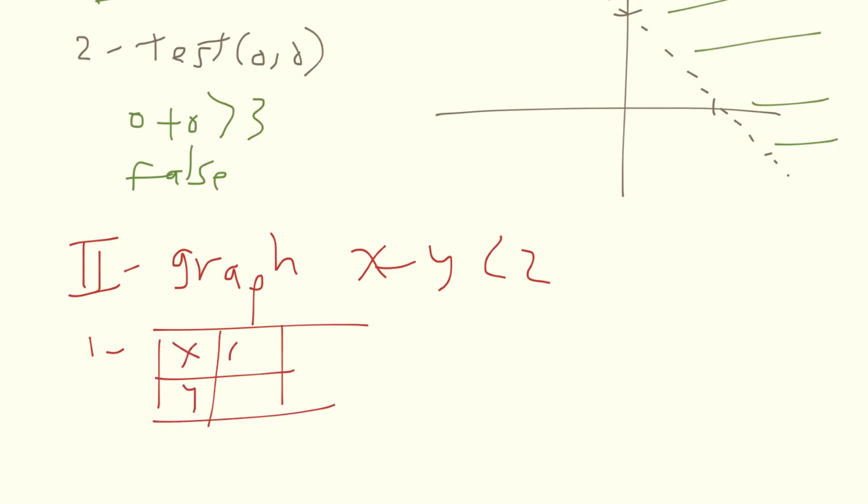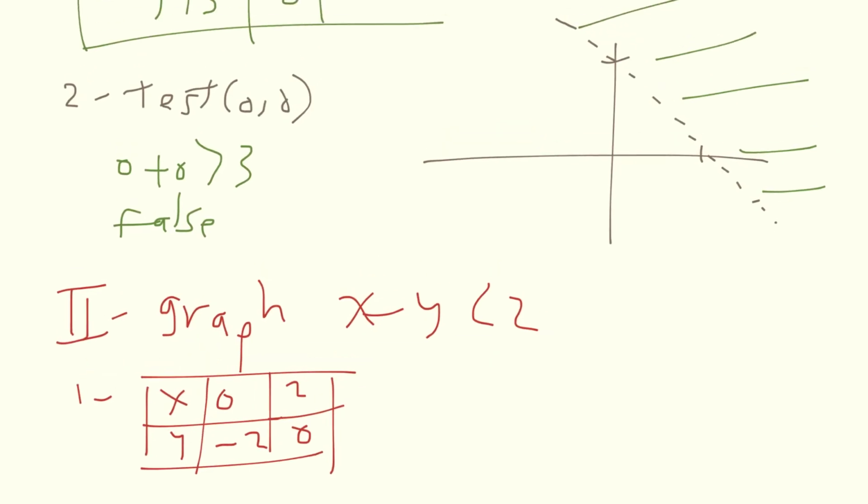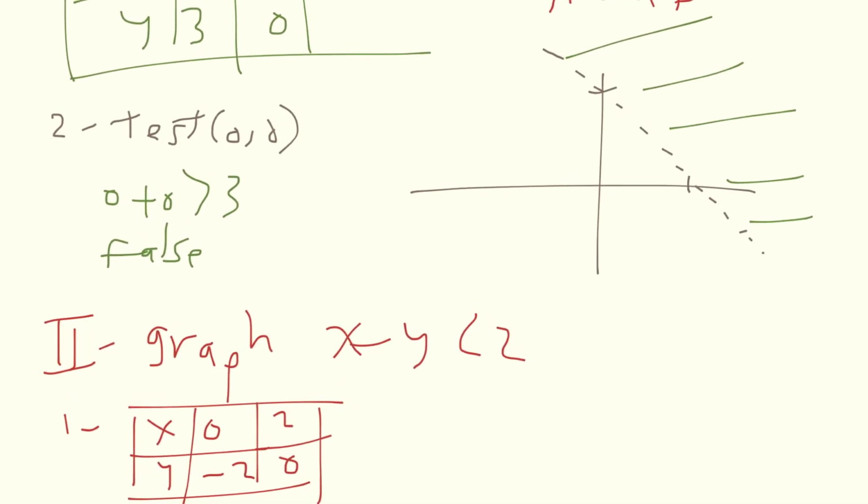And I remember when you put the 0 here for the x, y was minus 2, and here x was 2 and y is 0. So I can plot them now on the same graph as before. 0 and minus 2 is here, and this is here. I'm just going to put this like that. This will be my second line.